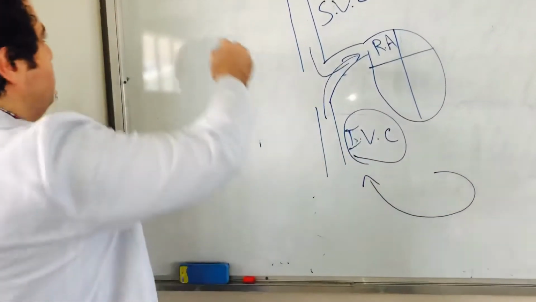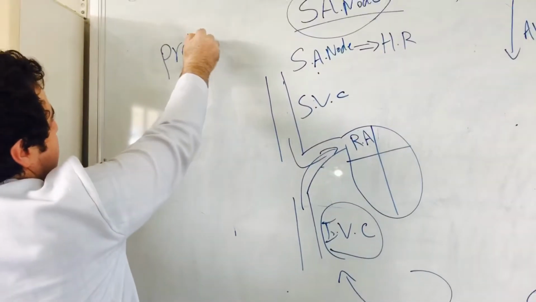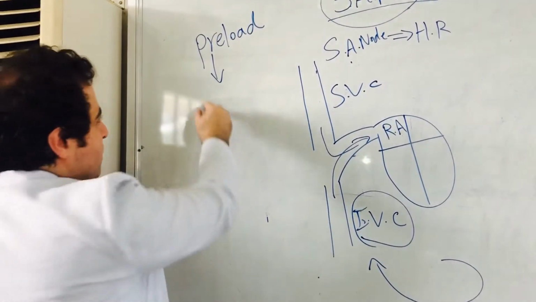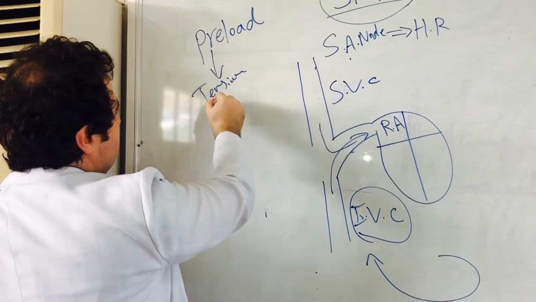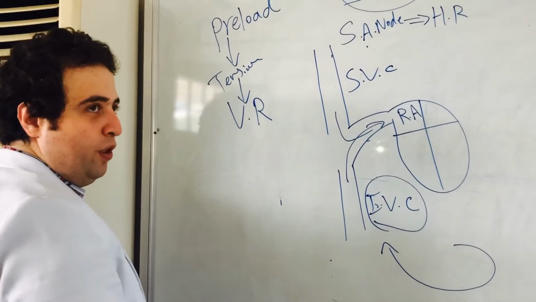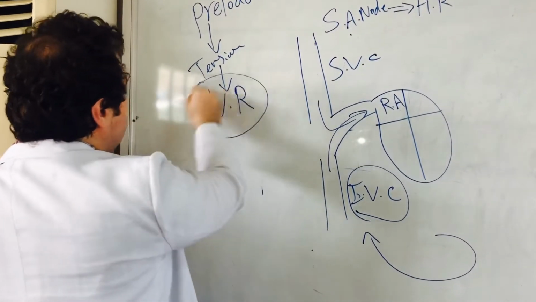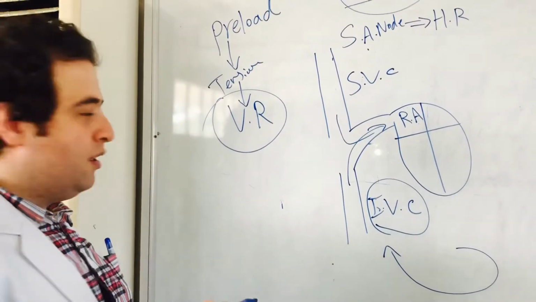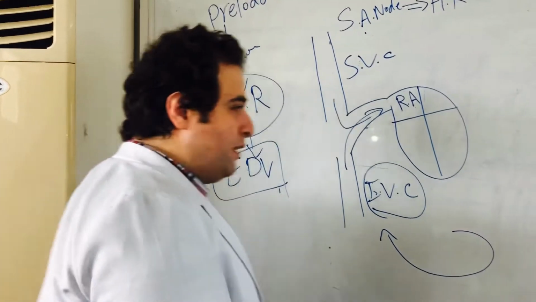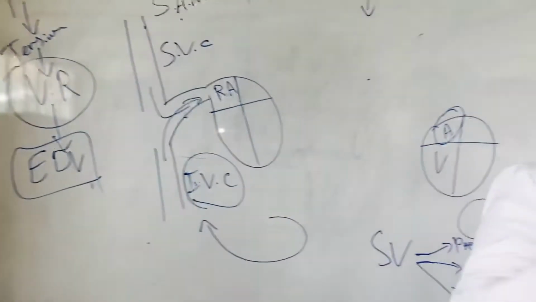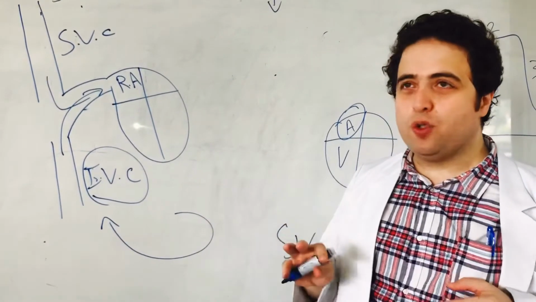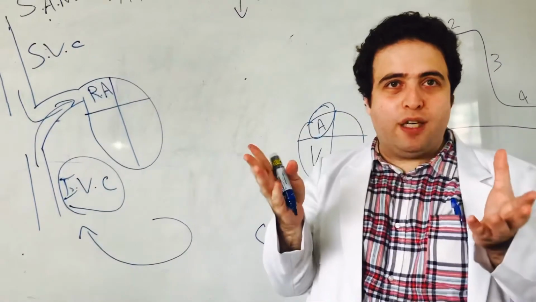So if I write it here, preload is known as tension or load, which is determined by venous return. Okay, how will I know how much blood goes to my heart? From end diastolic volume. What is end diastolic volume? Let me define this first. What's diastole? Diastole means relaxation of the heart.